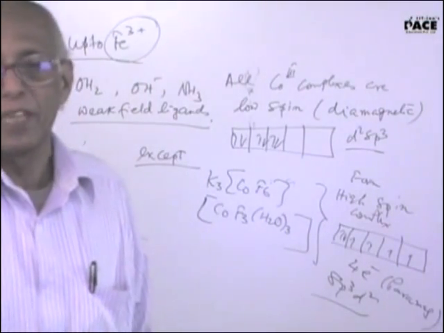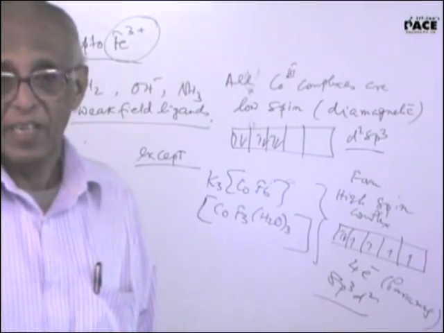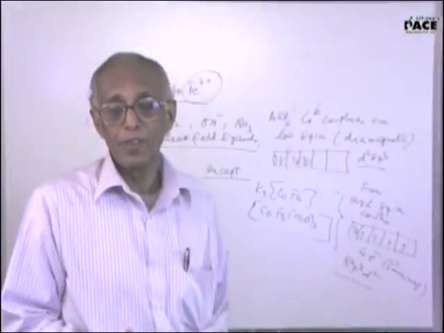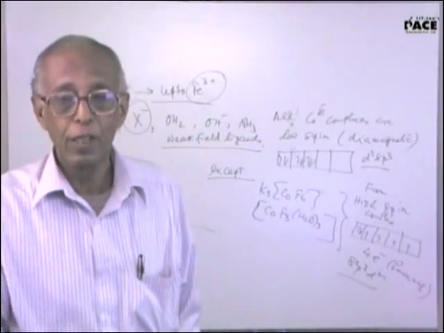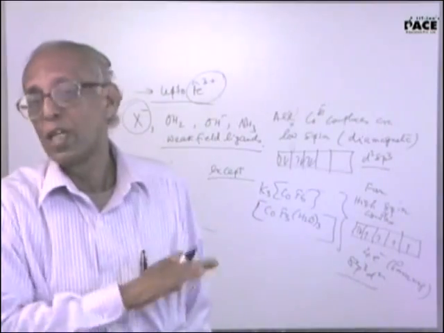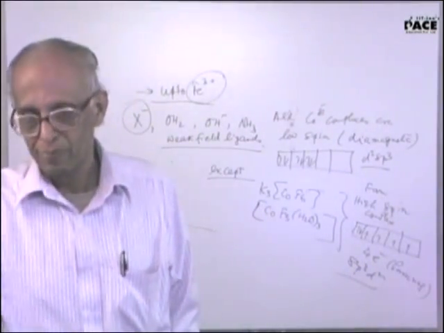So it depends on the nature of the metal, it depends on the nature of the ligand, okay? And it also depends upon the geometry. Octahedral can show high spin, low spin, but tetrahedral will always show high spin. That means pairing is not possible.